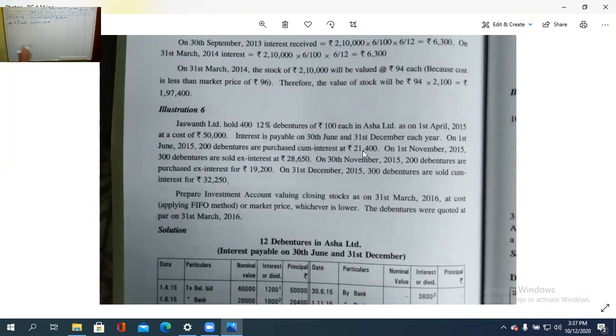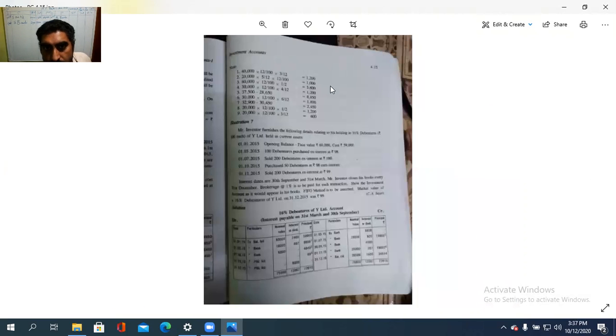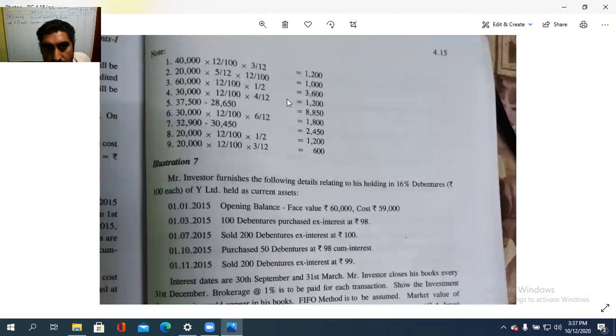For both together, the total is 60,000, into 12 by 100 into 6 by 12, that is 1 by 2. So 12 by 100 into 1 by 2, 6 into 6 is 36.